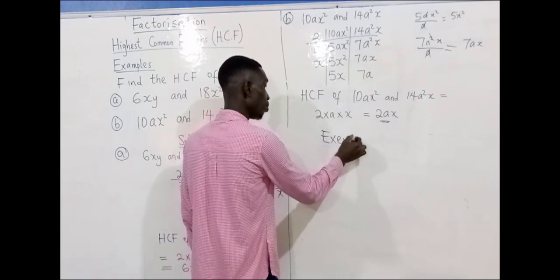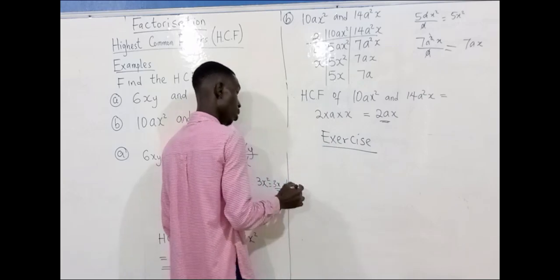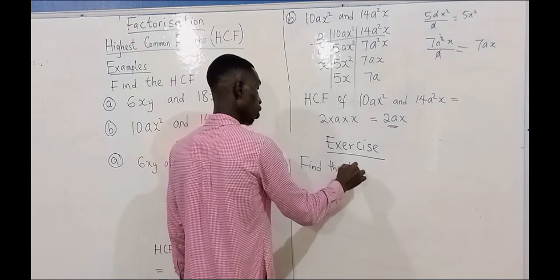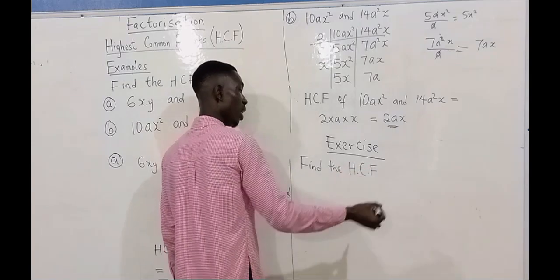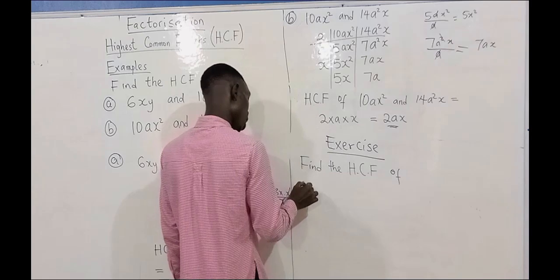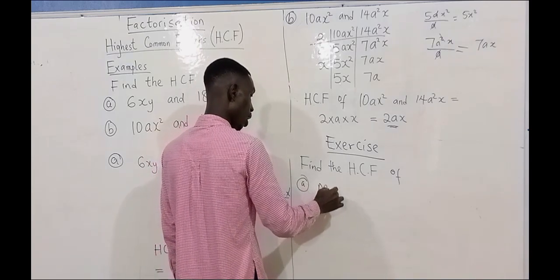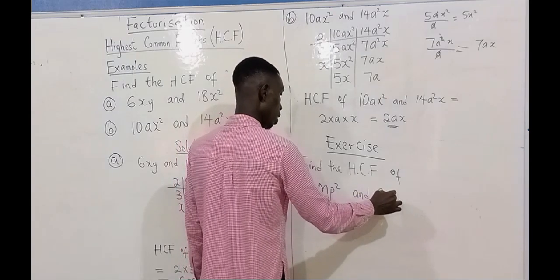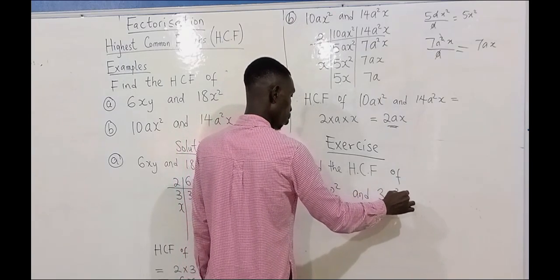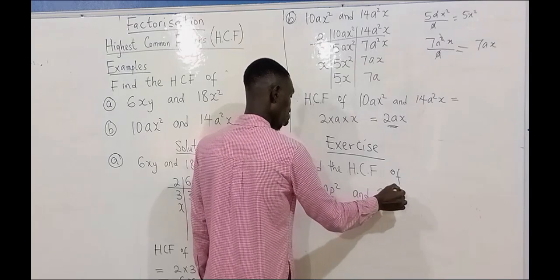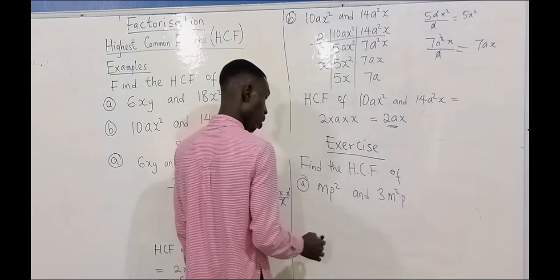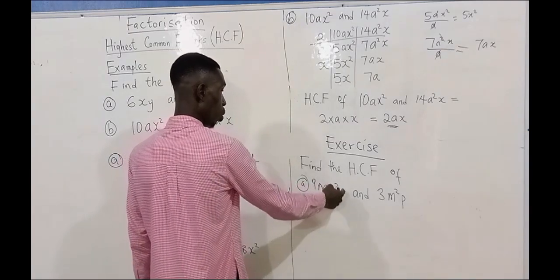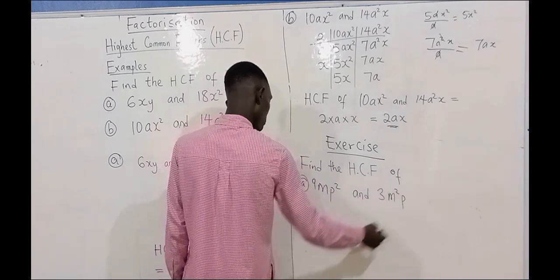So get your exercise here. You are going to find the H.C.F, the highest common factor, of 9mp squared and 3m squared p.